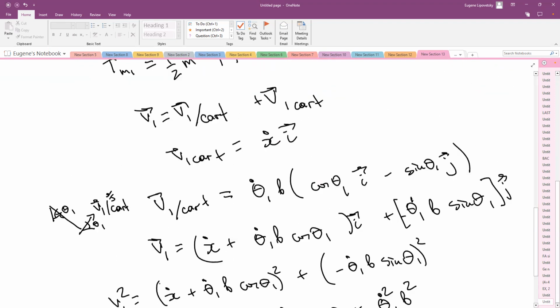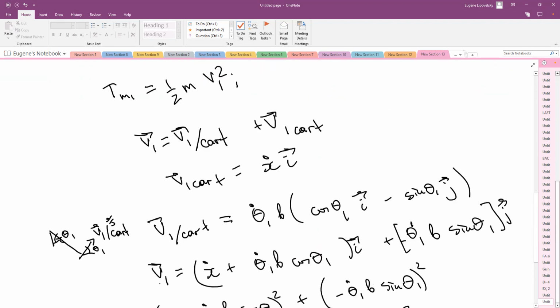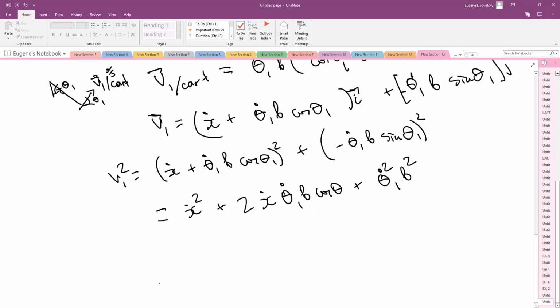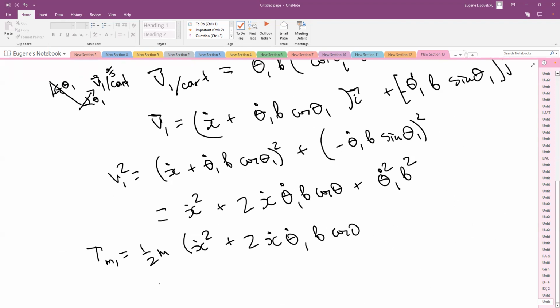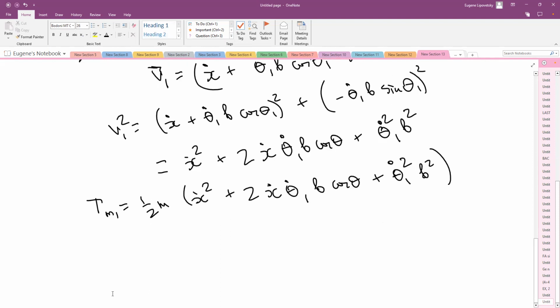That's the V1 squared. And then the T of M1, the second part of kinetic energy, equals 1/2 of m times x dot squared plus 2 x dot theta 1 dot b cos theta 1 plus theta 1 dot squared b squared. So far, so good? Yes. All right.